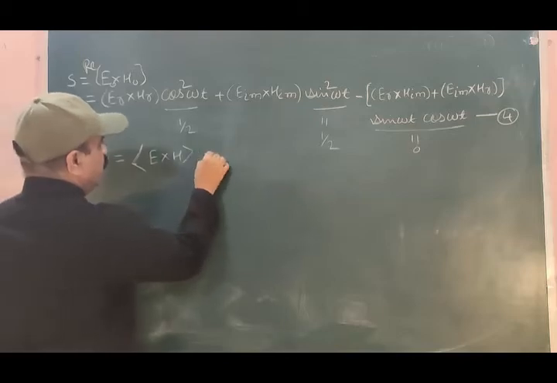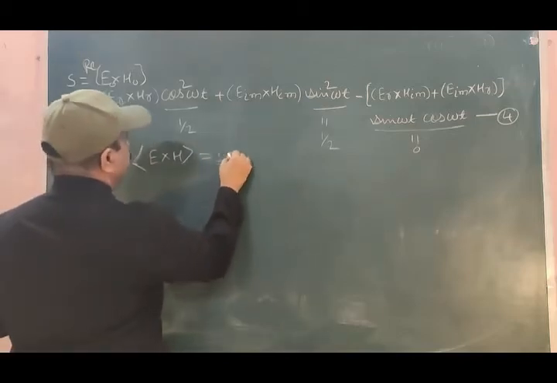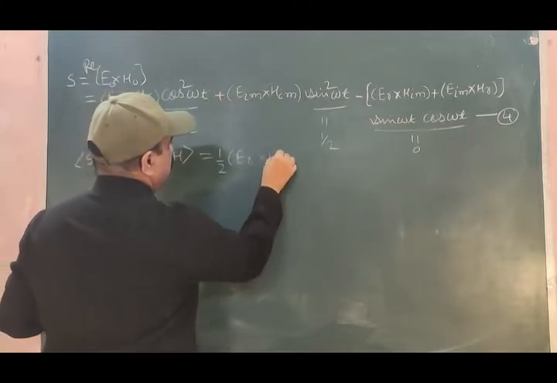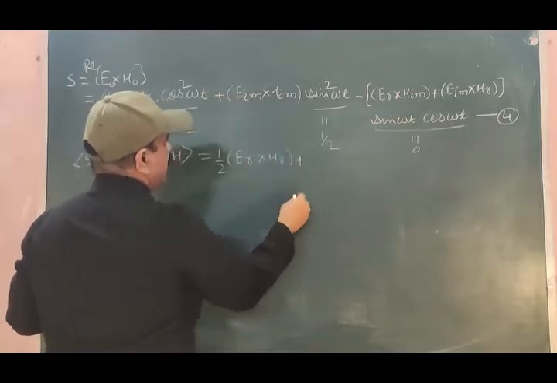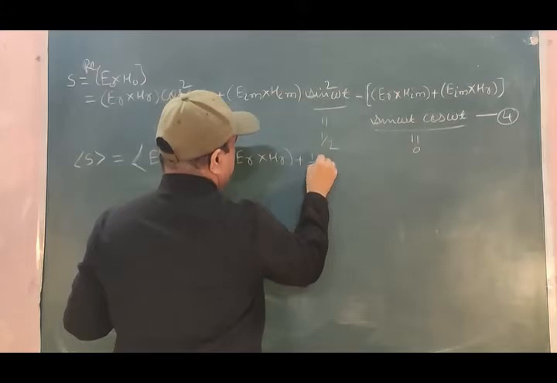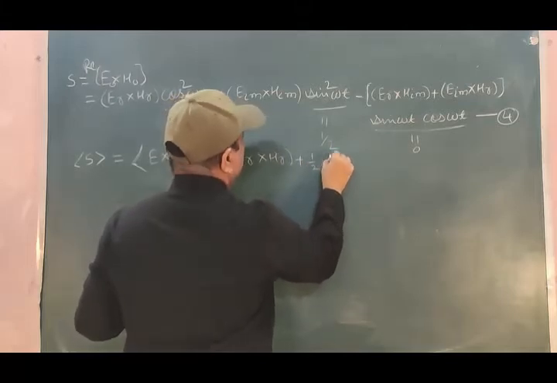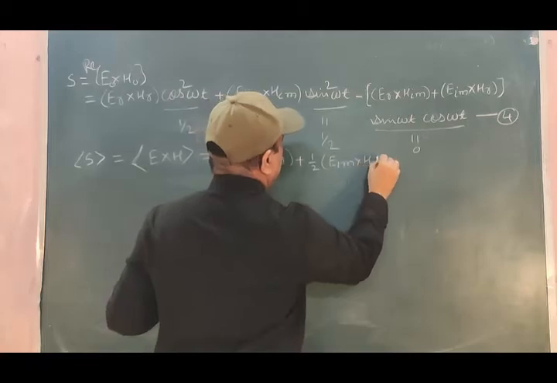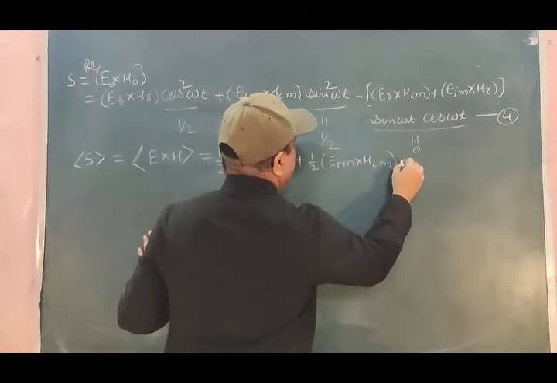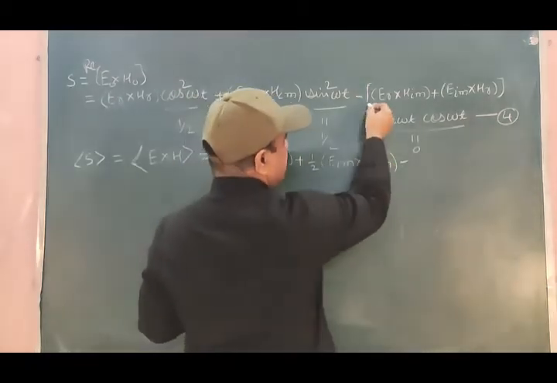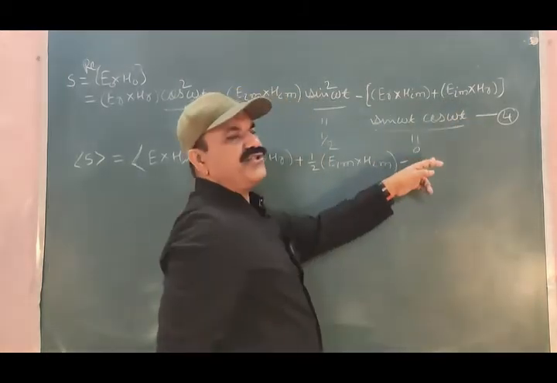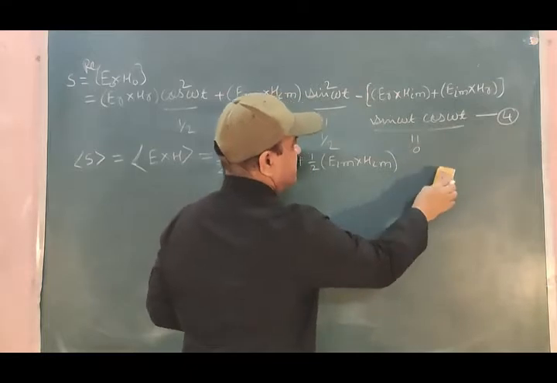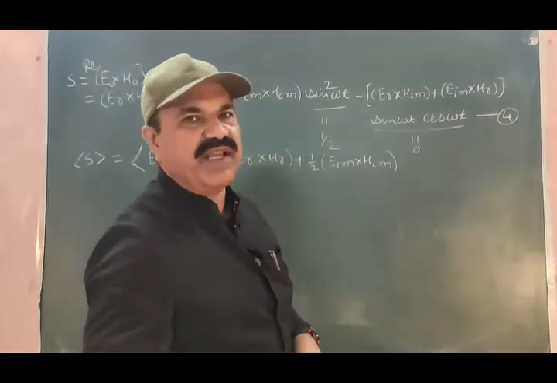This is equal to 1 divided by 2 into ER cross HR plus 1 divided by 2 into EIM cross HIM minus this square bracket times 0. So 0 will be there. There is no need to write this because the third term has become 0.